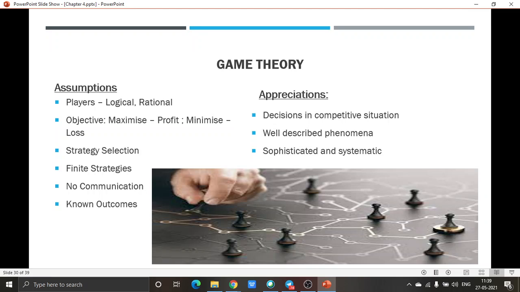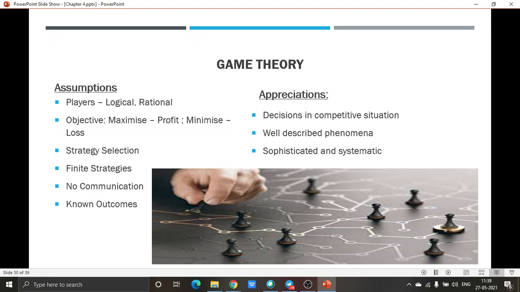But in game theory, there are some assumptions that have to be made. Whenever we hear assumption, we should remember that a model can only be true because of the assumptions being taken.